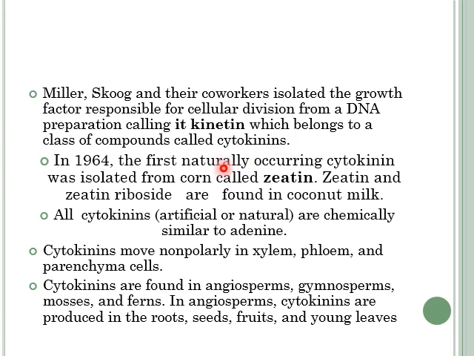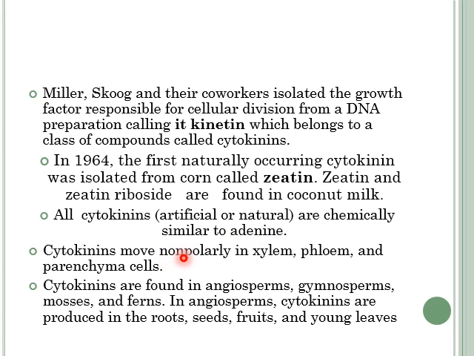In 1964, the first naturally occurring cytokinin was isolated from corn, called zeatin. Zeatin and zeatin ribosides are found in coconut milk. All cytokinins, either artificial or natural, are chemically similar to adenine.